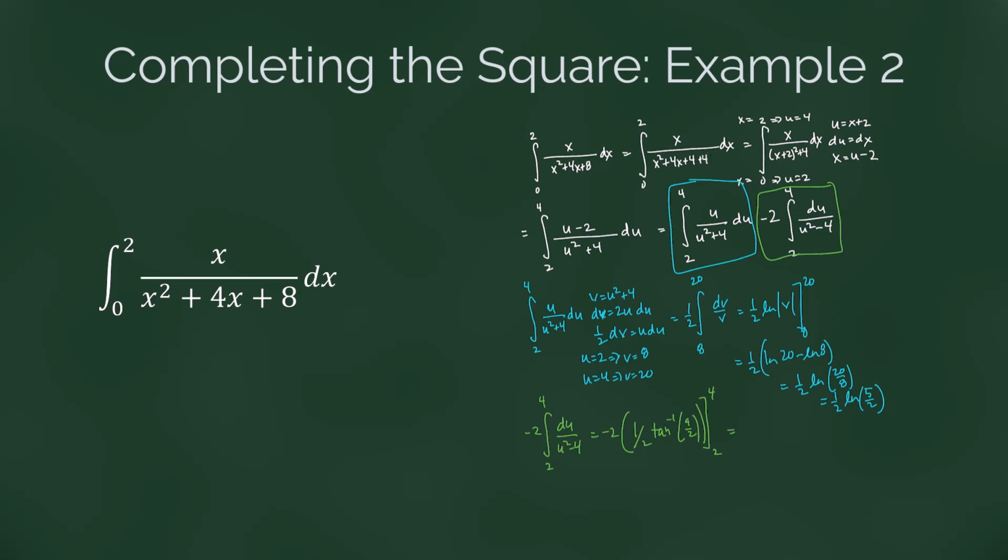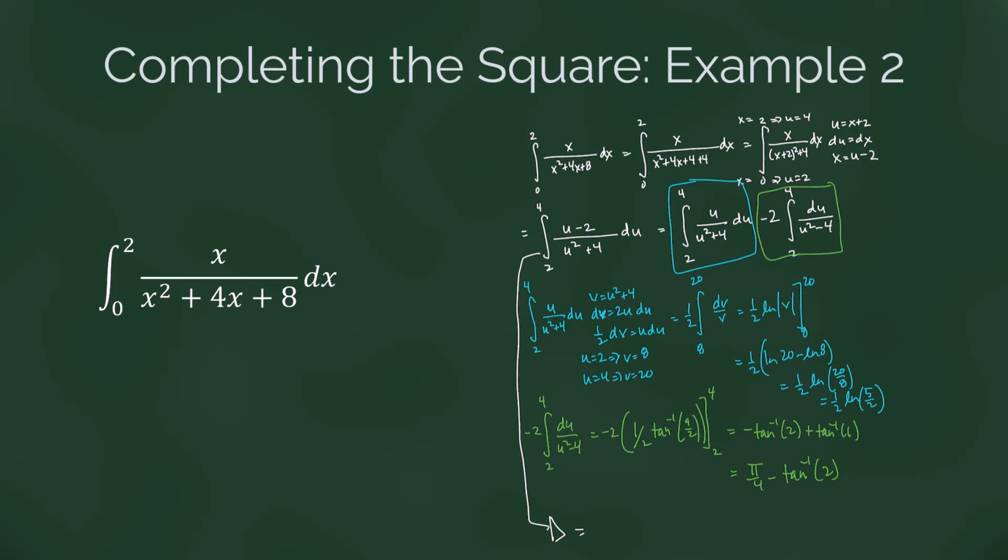The negative 2 and the 1/2 are going to just make a negative 1, so we get negative 1 times the inverse tangent of 4 over 2, which is 2. The two negatives together make a positive, so we have the inverse tangent of 2 over 2, which is 1. The inverse tangent of 1 is pi over 4, so we get pi over 4 minus the inverse tangent of 2.